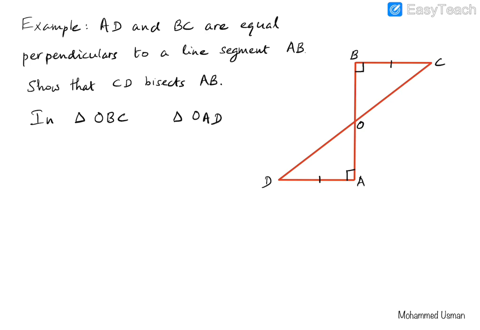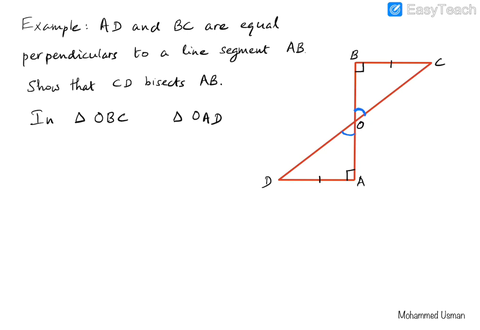First of all, we are given that BC is equal to AD, and we can look at this part here. These are two intersecting lines and the vertically opposite angles must be equal. So this angle here is equal to this angle here because they are vertically opposite angles.